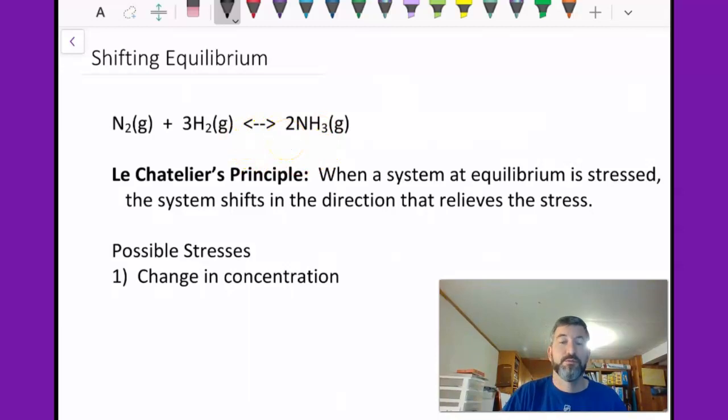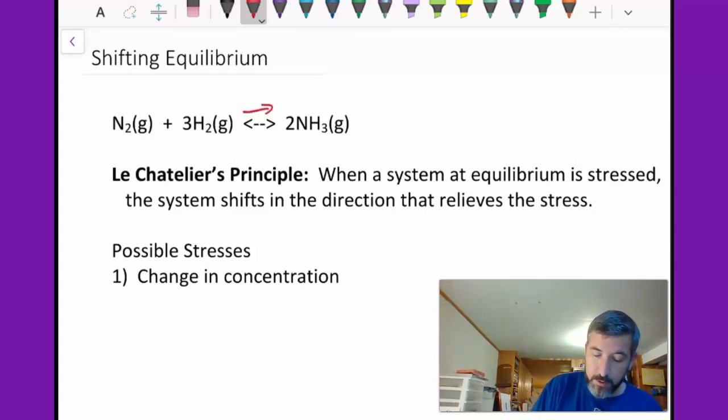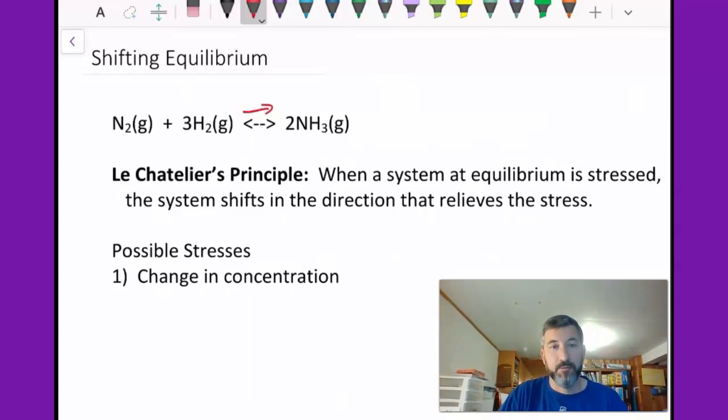You're trying to get the forward reaction to happen faster or more so that you're producing more of the NH3 rather than the N2 and the H2, which you don't want. So how do you get the forward reaction to happen faster? A couple of ways. One would be to take out the NH3 that's forming. If you have a process for removing the NH3 that's forming, the reaction will actually speed in the forward direction to make more.